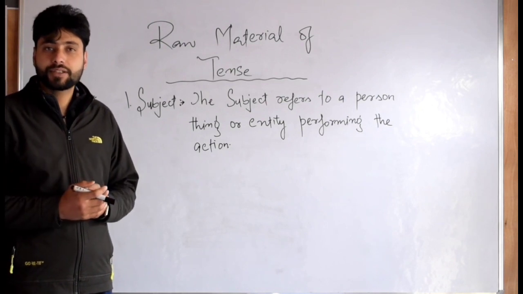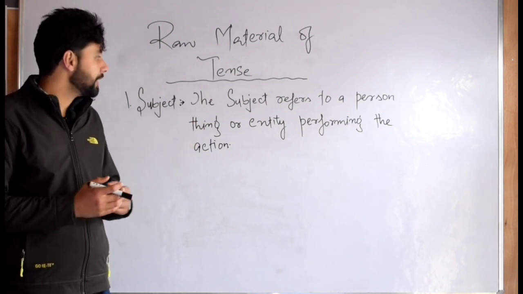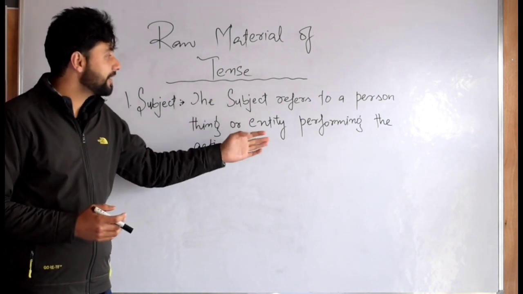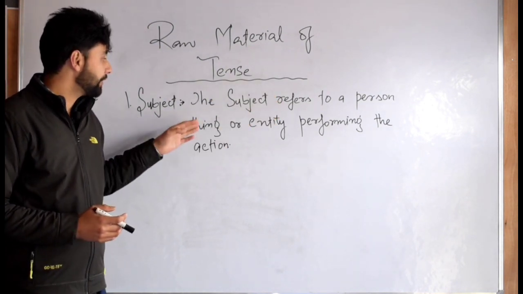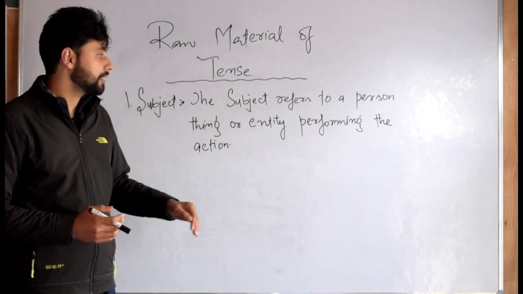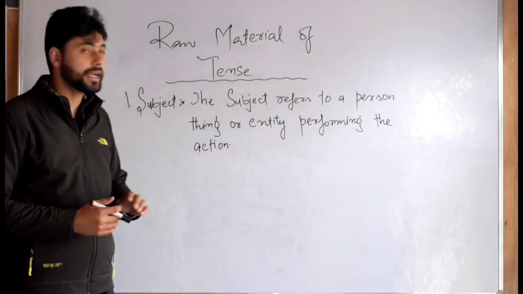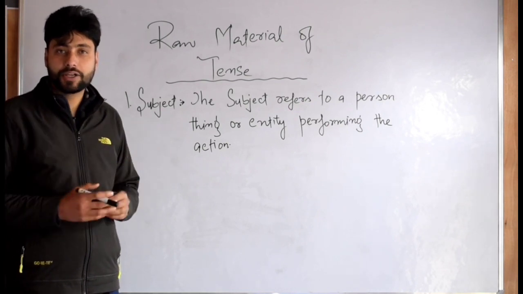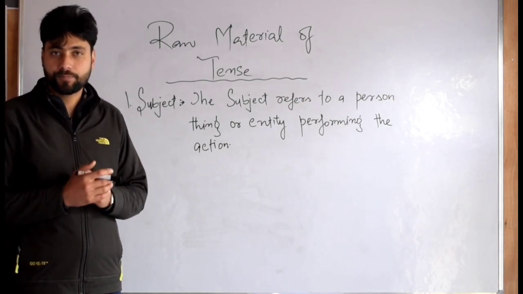What is subject? I have written it down here. The subject refers to a person, thing, or entity performing the action. So the one who performs the action is a subject.